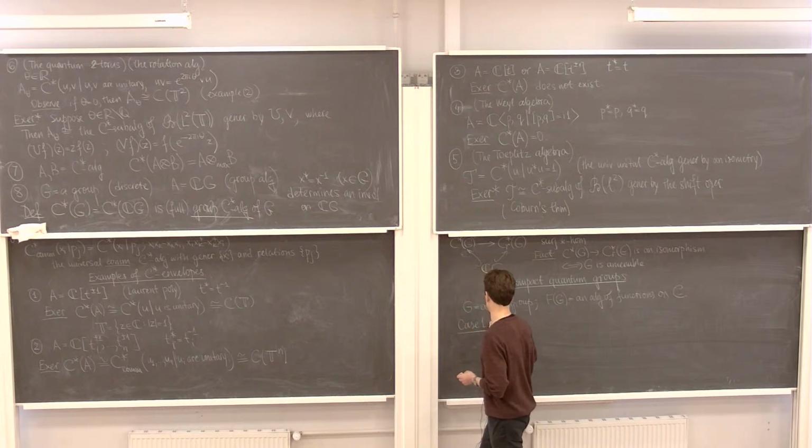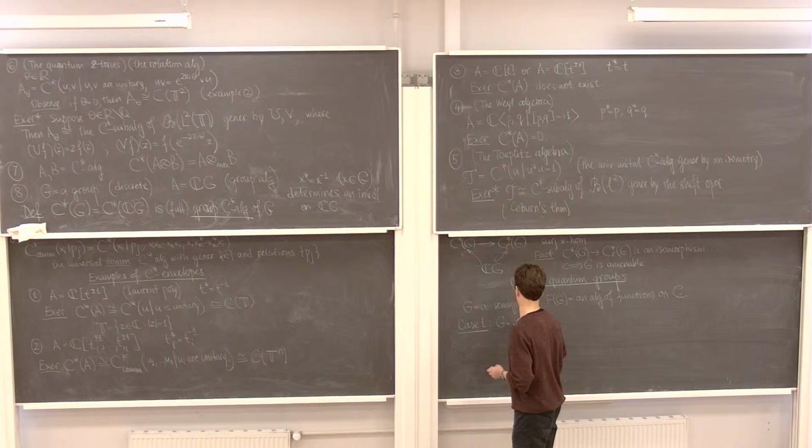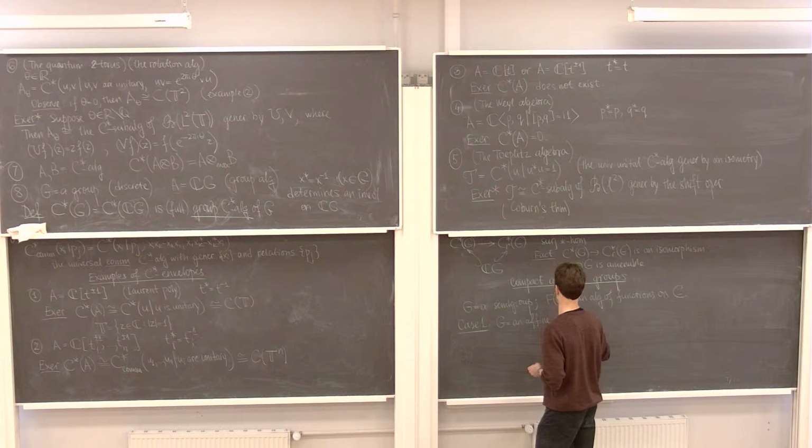Case one is the case where G is an affine algebraic semigroup.